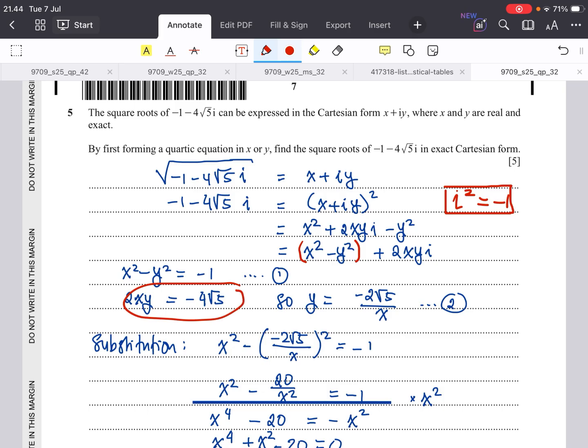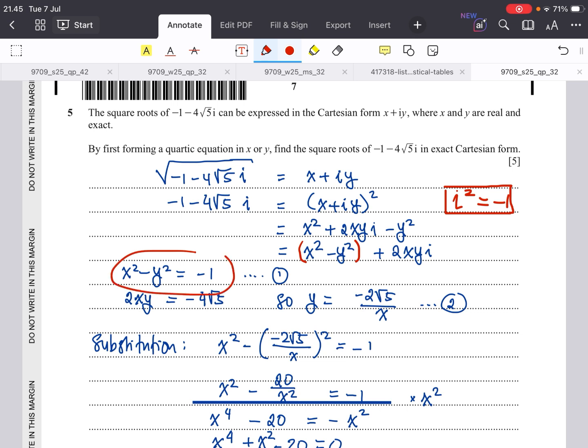This one. And then we can write y in terms of x by moving the 2x to the right. So y in terms of x is -2 square root of 5 over x. And then use substitution. Replace the y here with -2 square root of 5 over x.